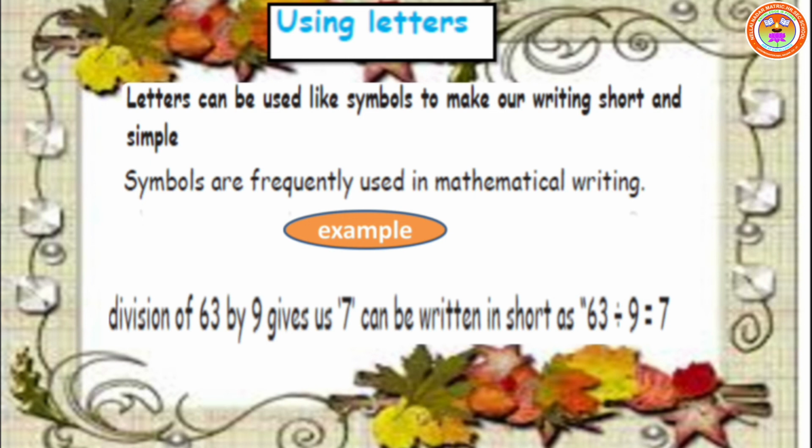Students, mathematical writing is nothing but writing the expression in the simplest form instead of writing a sentence or statement. Instead of writing this statement, we can use the division symbol and equal to symbol to express it. Is it clear?